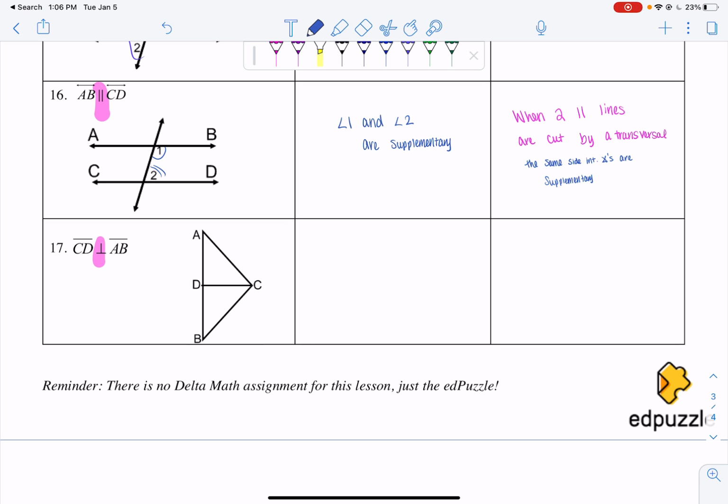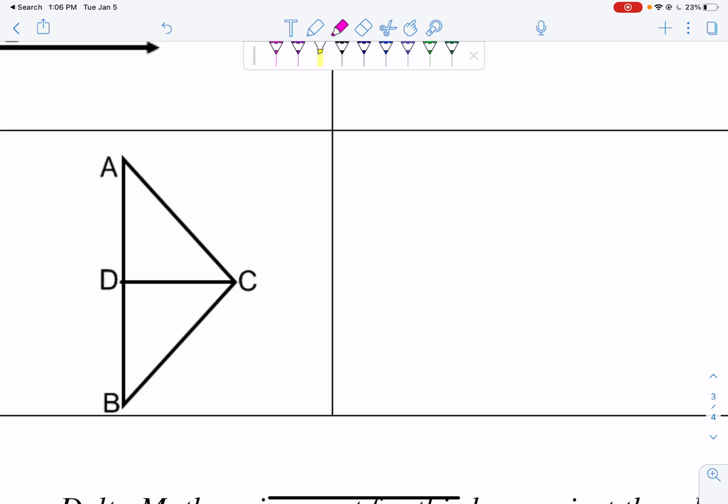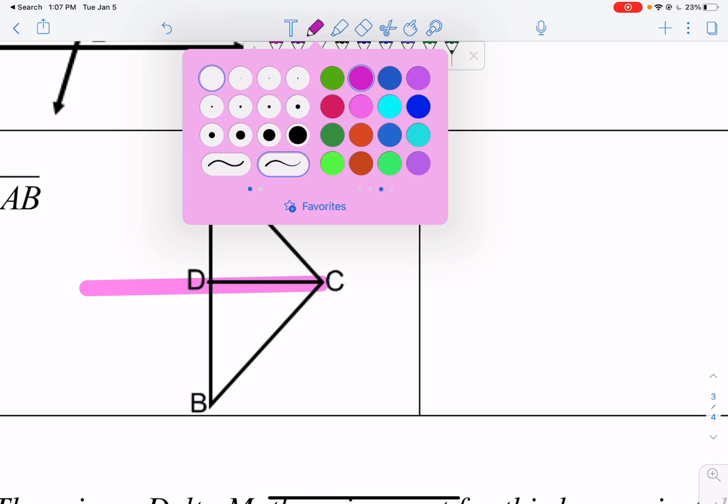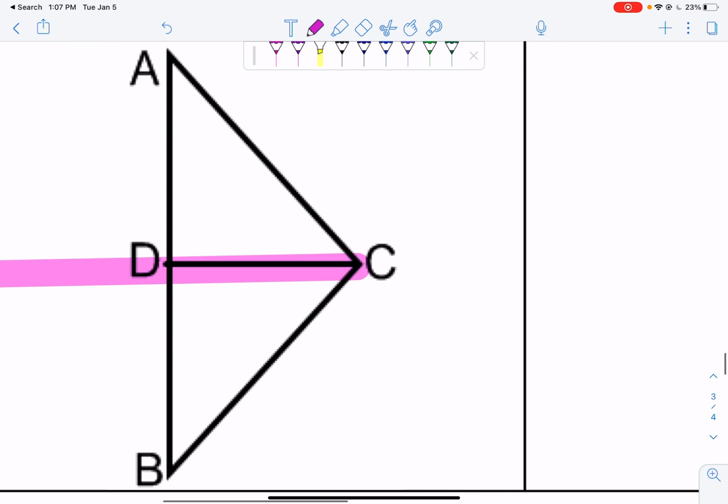So now in this example, my triangle is sort of rotated, so it's turned over. CD is perpendicular to AB, so this segment right here is creating my right angles. So I can say I have a right angle right here at 1 and at 2.